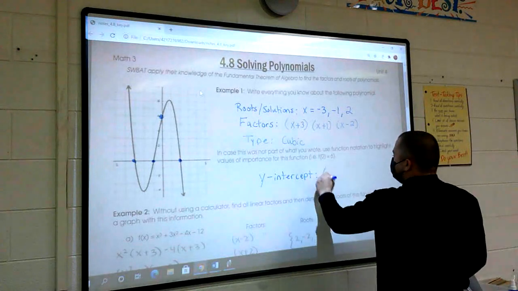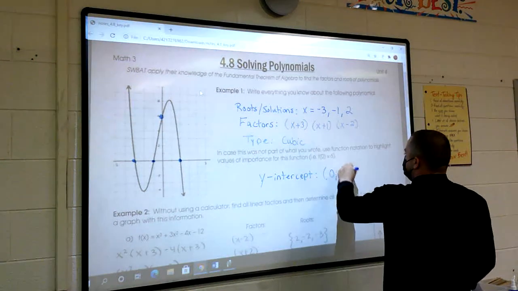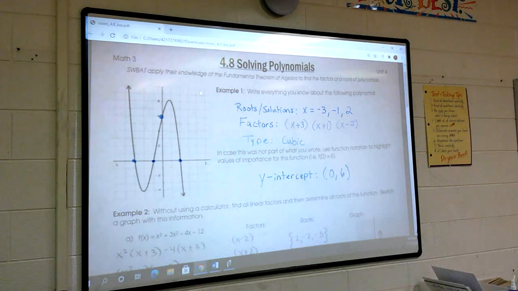So that would be the point (0, 6) where it crosses the y-axis. That's not one of our solutions. So our solutions, our answers, are where it crosses the x-axis, which is -3, -1, and +2. But if it asks you what the y-intercept is, which it may, that is 6. So that's one thing that they wanted to also say is important in looking at a polynomial.